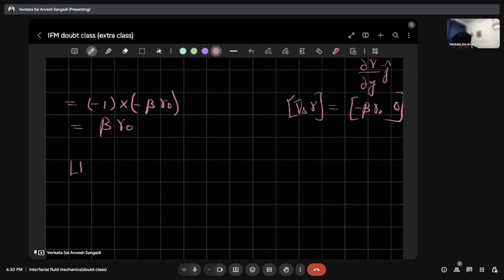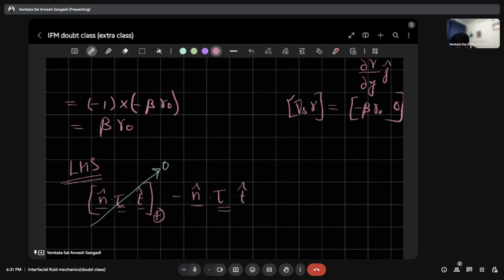And if we look at the LHS, straight away the first term will go, n hat tau double dot t hat. Because the fluid is passive, the first term will be 0 and then minus tau. This is just Newton's law of viscosity.